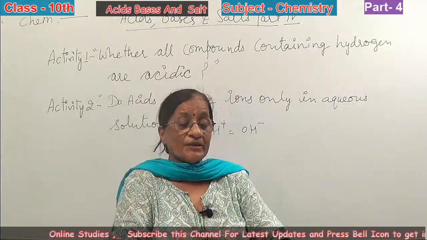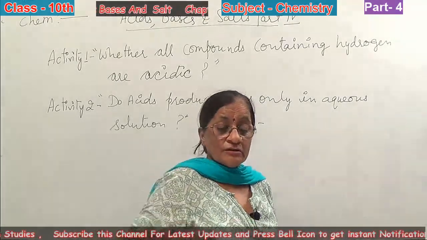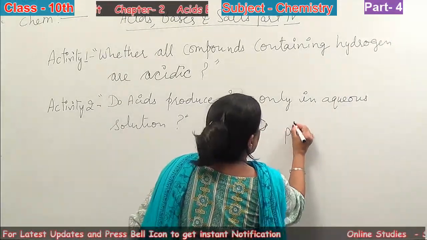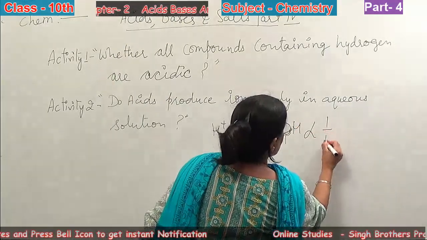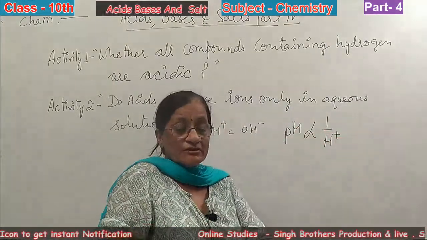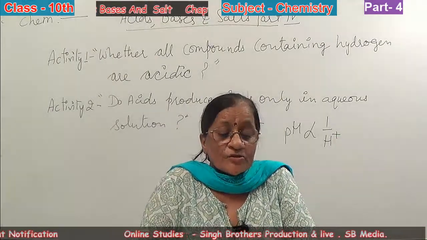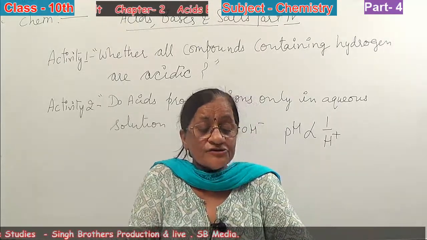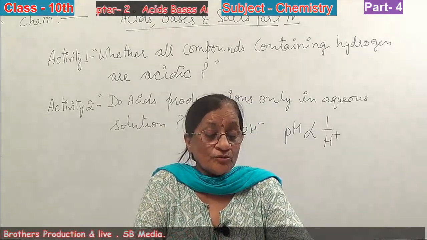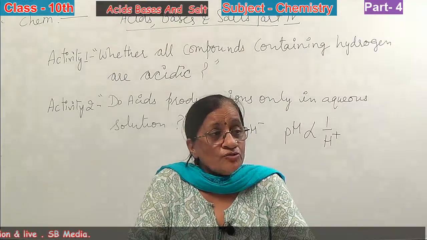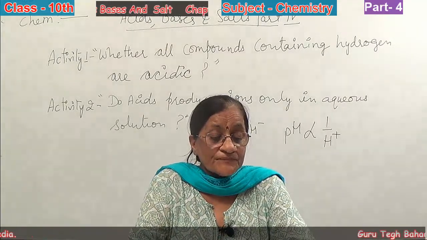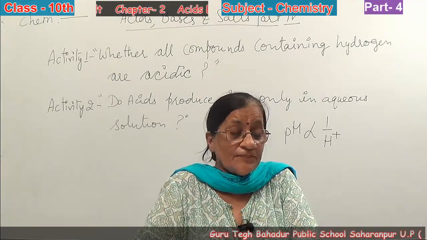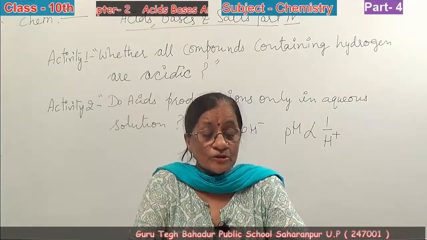Now, the formula for pH: pH is inversely proportional to 1 upon H positive ion concentration. So, the higher the hydrogen or hydronium ion concentration, the lower is the pH value. pH of a neutral solution is equal to 7. pH of an acidic solution is less than 7 and pH of a basic solution is more than 7.